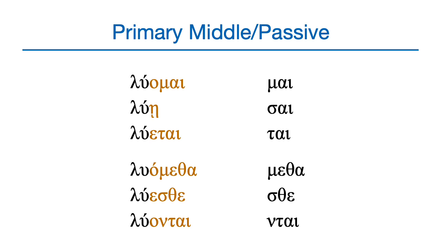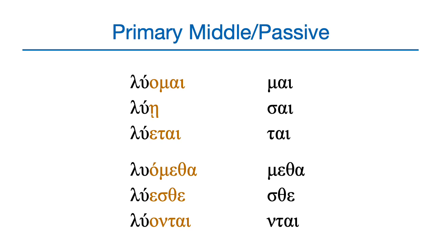Let me take it down to the last one, λύεται. You see that the stem is λυ, the connecting vowel is epsilon, and the personal ending is ται. Most importantly, look at the second person singular. You see the ending σαι, but you have λύῃ. What happened there?